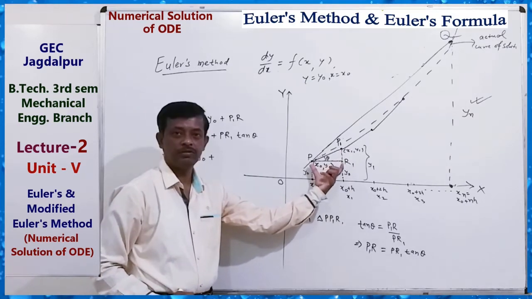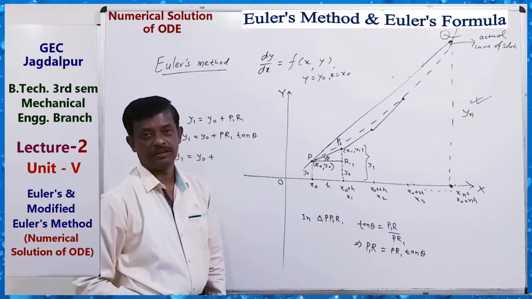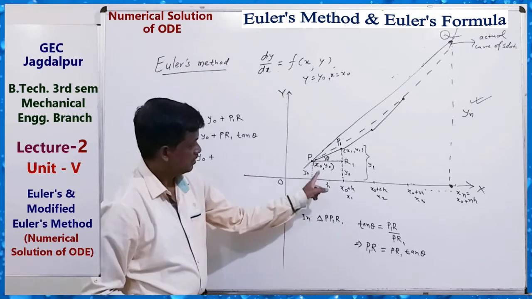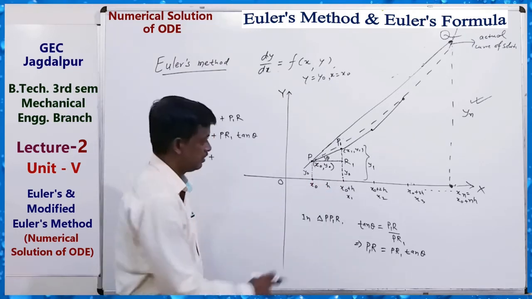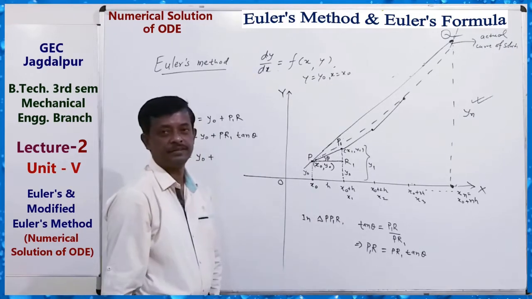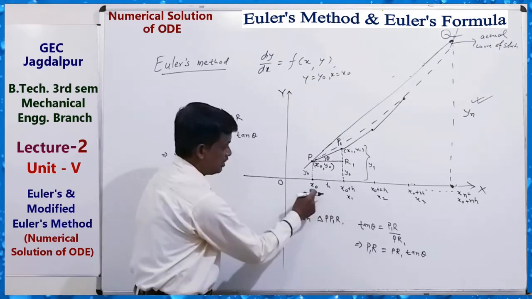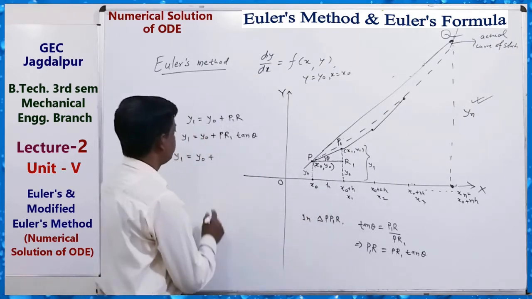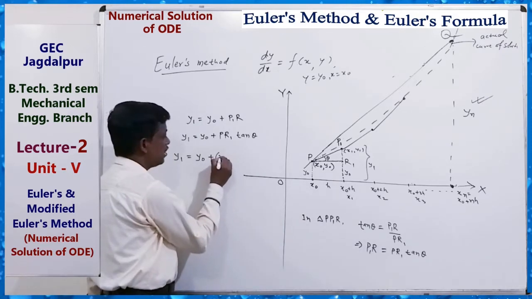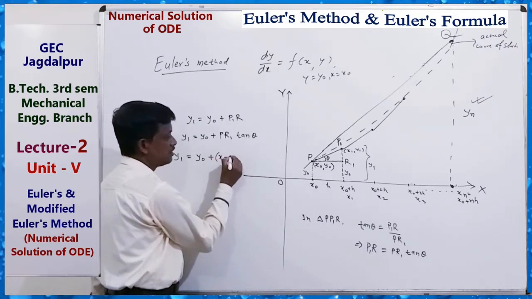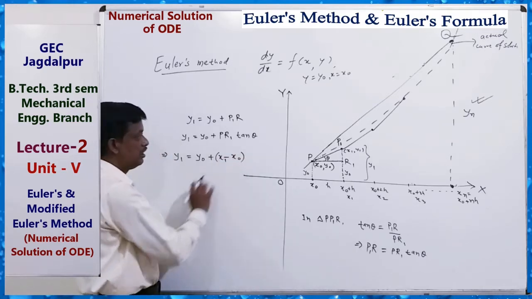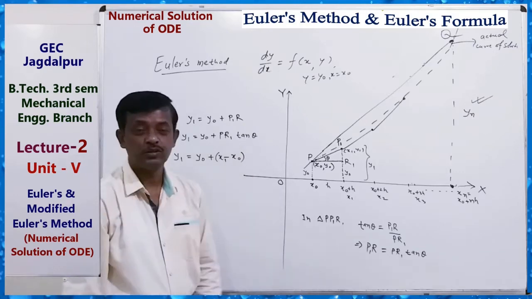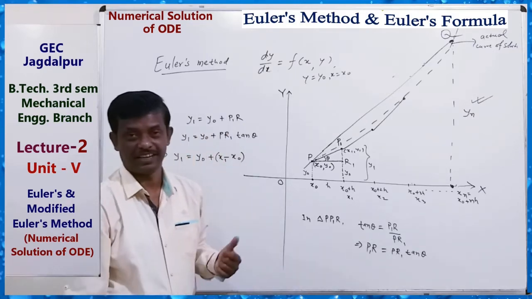This value is what? This value is h, x1 minus x0. And tan theta is the slope of the tangent.